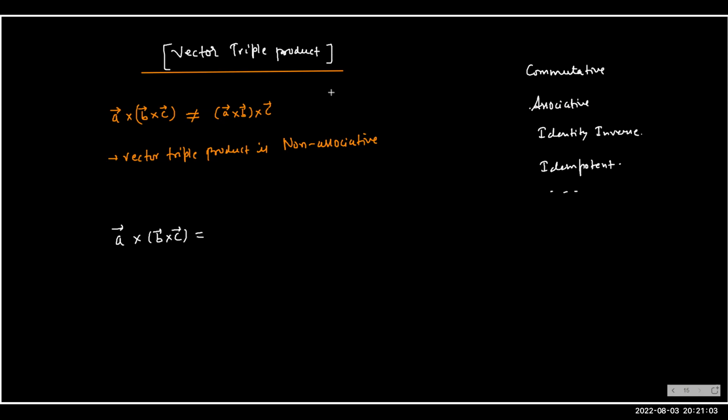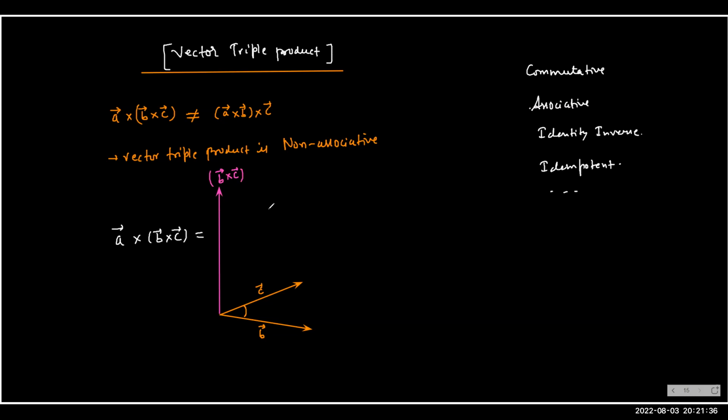If you have two vectors, let's say B and C, what will be the direction of B cross C? Something like this. Yeah. All right.